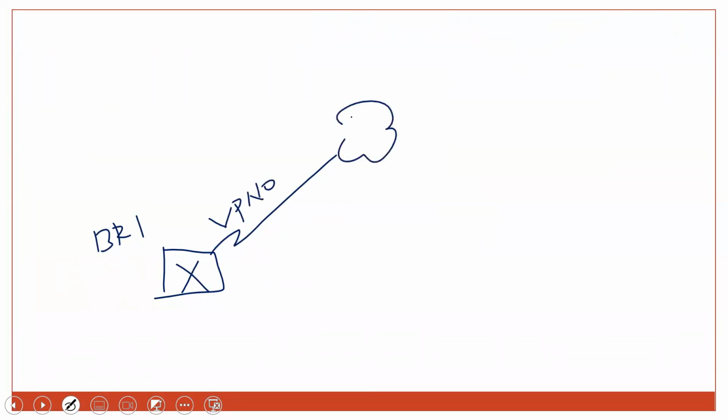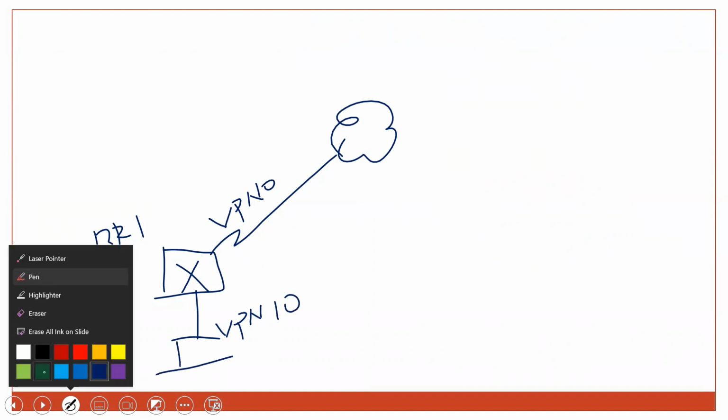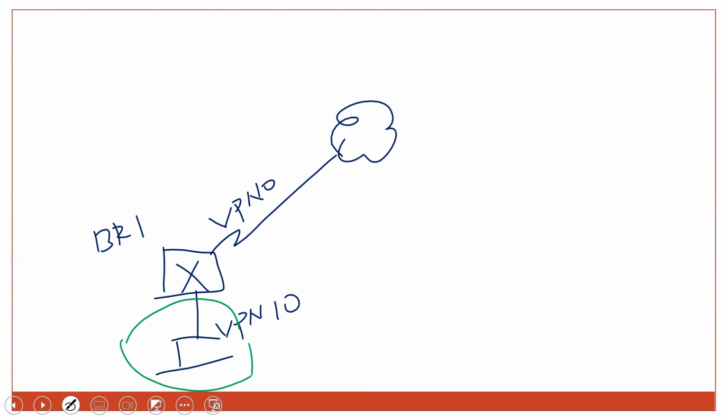Suppose I have one device here in one of the branches. This is branch 1. It has one interface, obviously part of VPN 0 going towards the WAN. And then it has one LAN interface, say VPN 10. In this LAN interface I'm running, for example, OSPF. And I have branch 2 here.